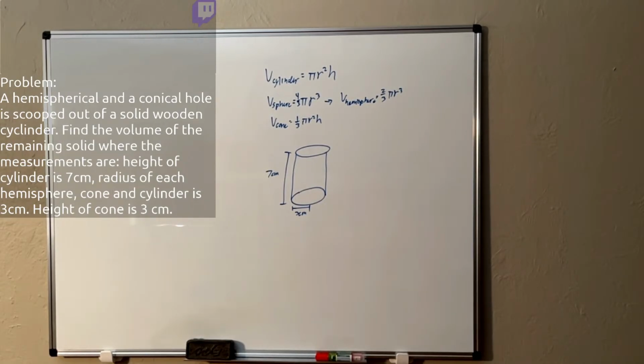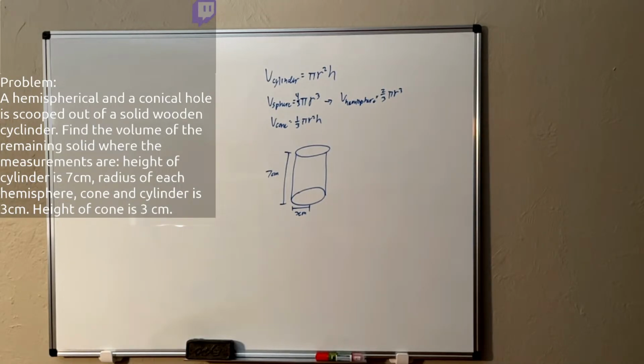Perfectly drawn. Okay, nice. Height. A hemispherical and conical hole is scooped out of a solid wooden cylinder. Height of the cone is 3.